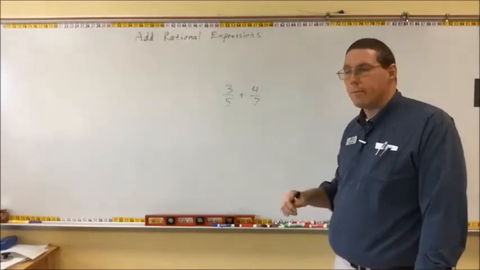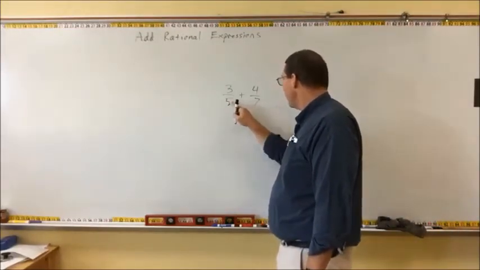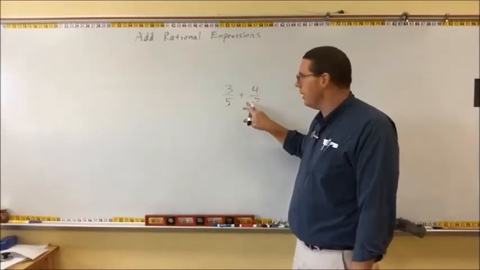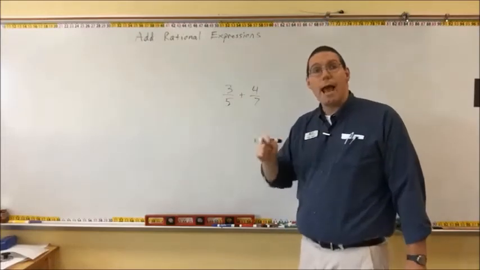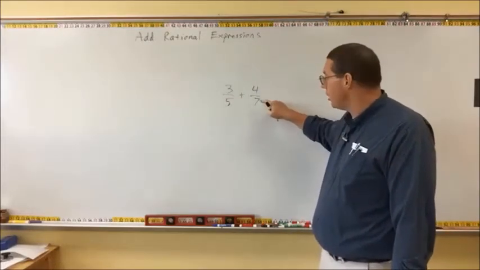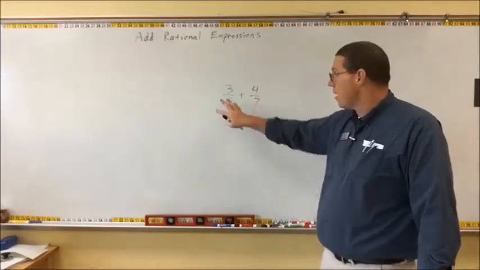So here's what we're going to do. In order to get a common denominator, we need to change this denominator and we need to change this denominator. Now, in order to make sure that this stays 4/7, when we change the denominator, we're also going to have to change the numerator. Same thing over here.